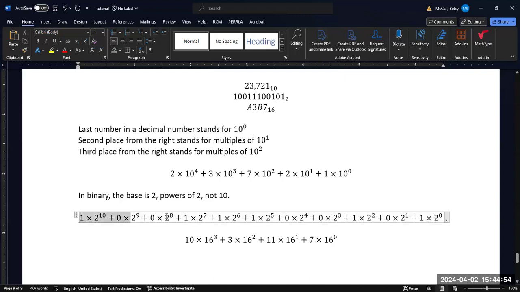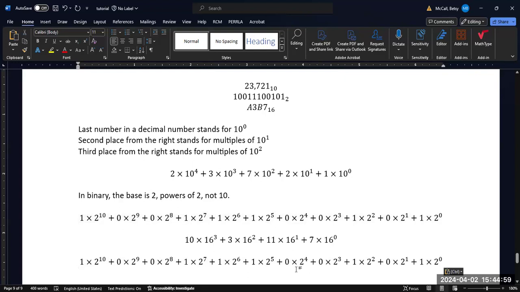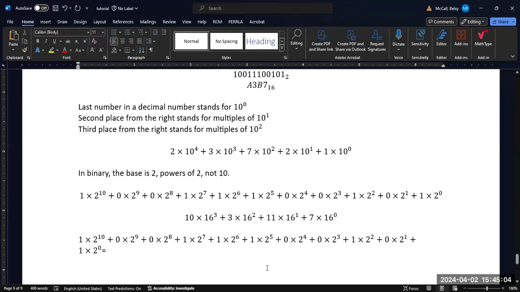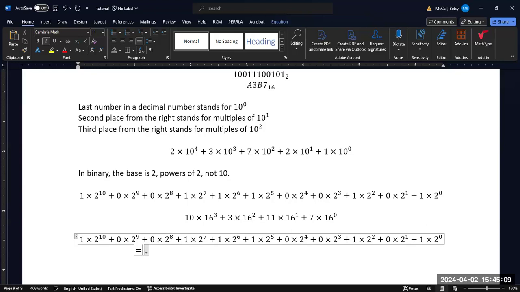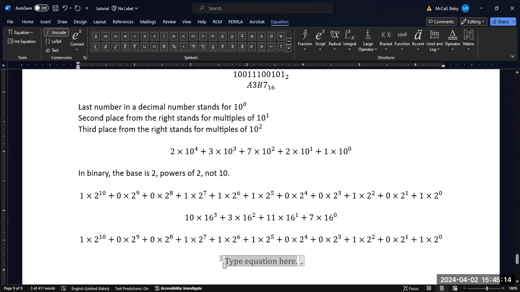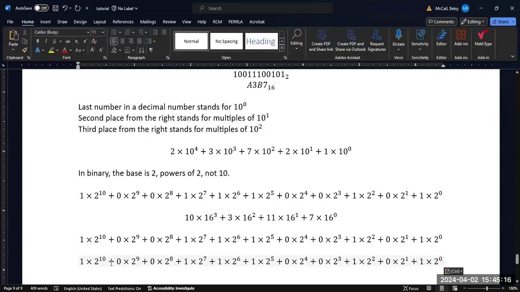So for our binary case, we're going to take out all the terms that are 0, just to make our math a little less opaque.